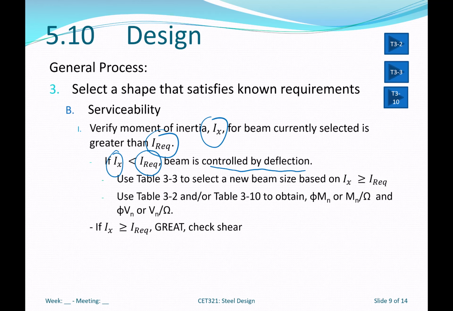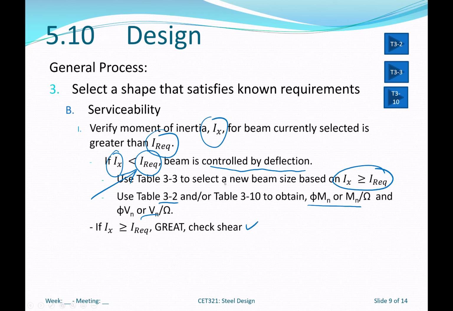I have to increase the size of the beam in order to get the moment of inertia that I need. And once I have a moment of inertia that exceeds the required, again, I can use table 3-2 to look up these values. And if I'm already starting out and this is greater than required, that's great.